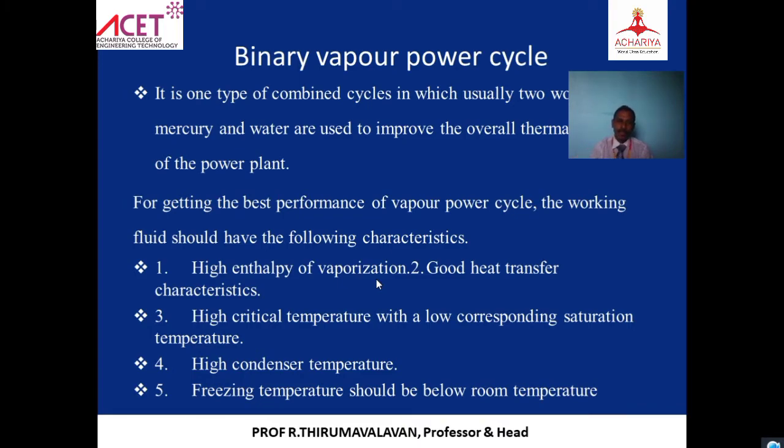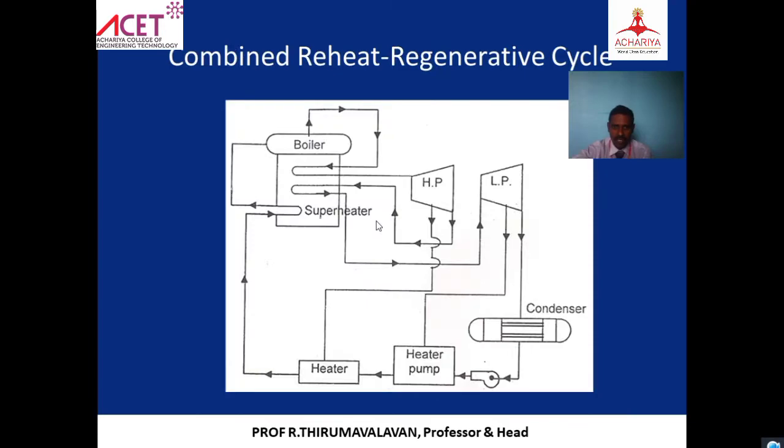Next we will see the binary vapor cycle. If you see the previous cycles, we are using only the boiler, right? In the boiler the water is converted into steam. That steam is going for producing the electricity. We are using only one fluid, and that fluid is water.